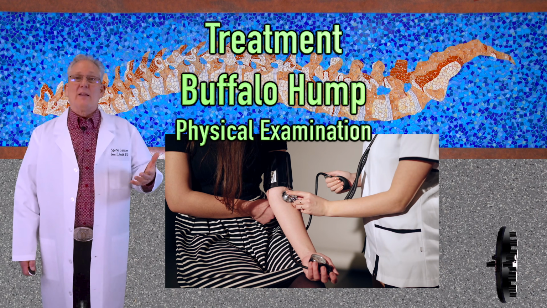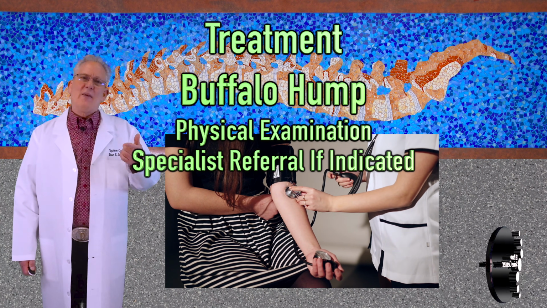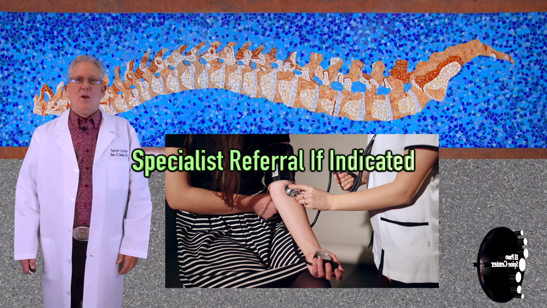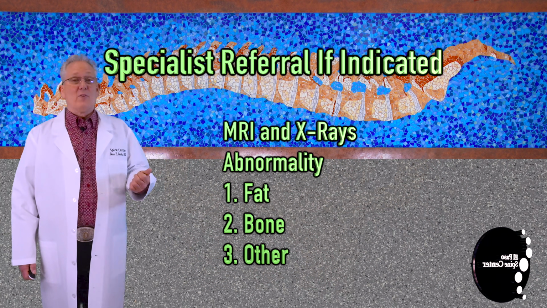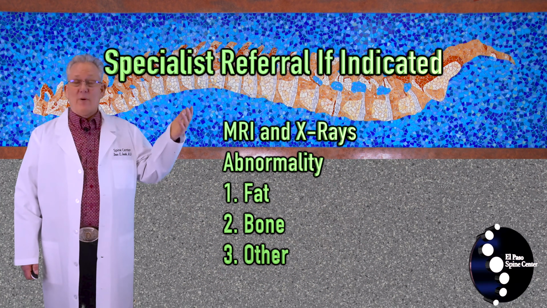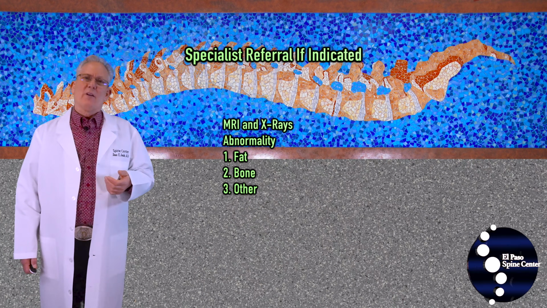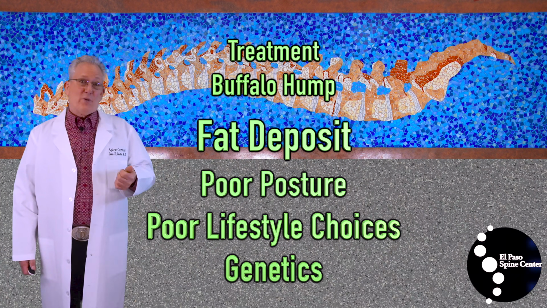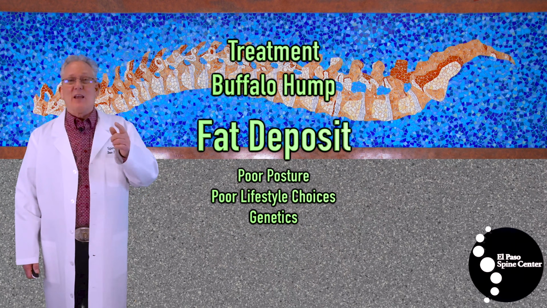They can correct the underlying abnormality, especially if it's medication, and they can send you to the appropriate specialist if necessary. Your specialist will order the appropriate studies to determine if it's due to fat, bone, or some other abnormality such as a cyst or a tumor. In most cases, we're going to discover that it has to do with fat from posture, poor lifestyle choices such as eating too much and not exercising, and genetics.